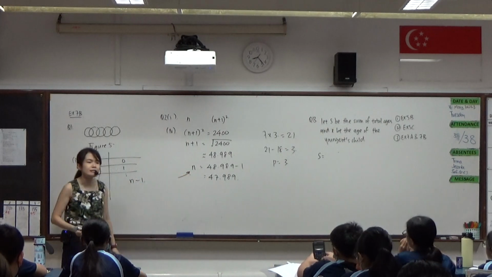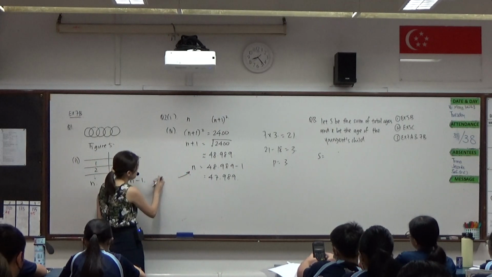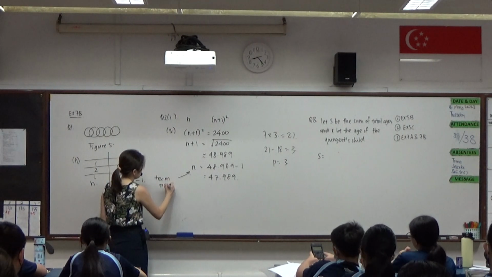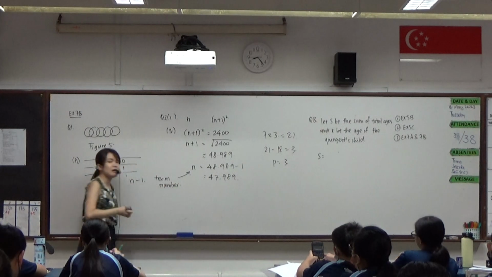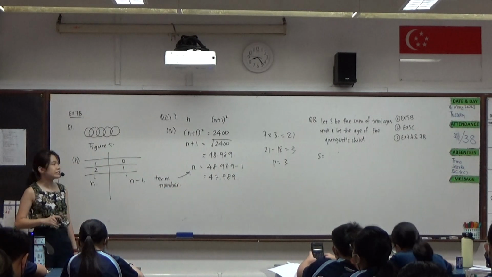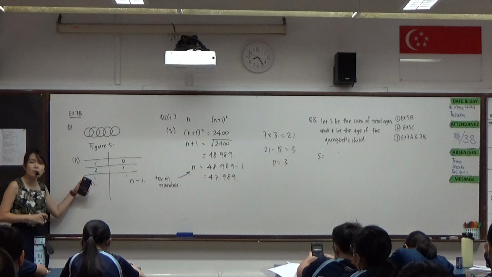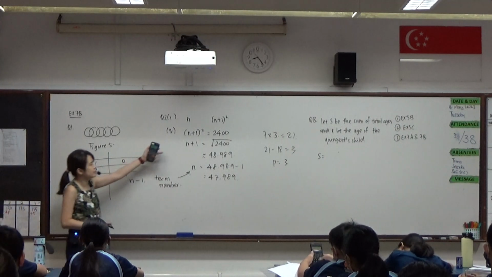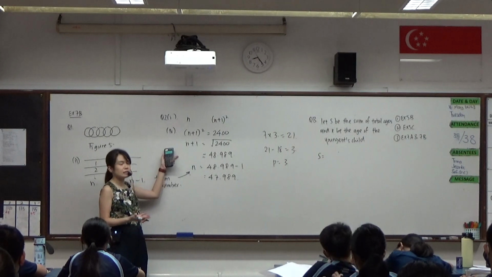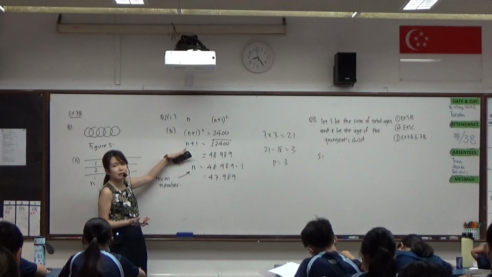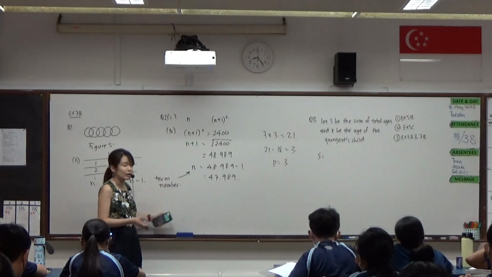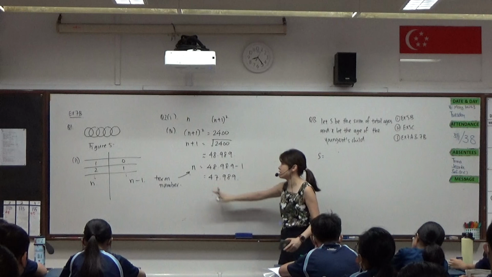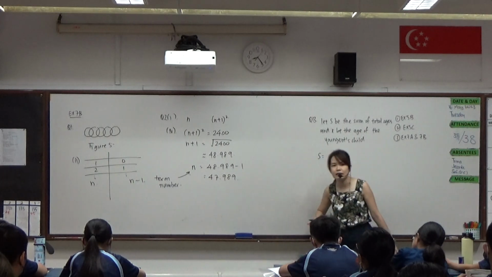It is because n itself is the term number, and term numbers must always be whole numbers: 1, 2, 3, 4, and so on. If you leave it at n + 1, it's not complete because this is not a term number at all. It's not meaningful. So you need to arrive at the term number, which is 47.989.